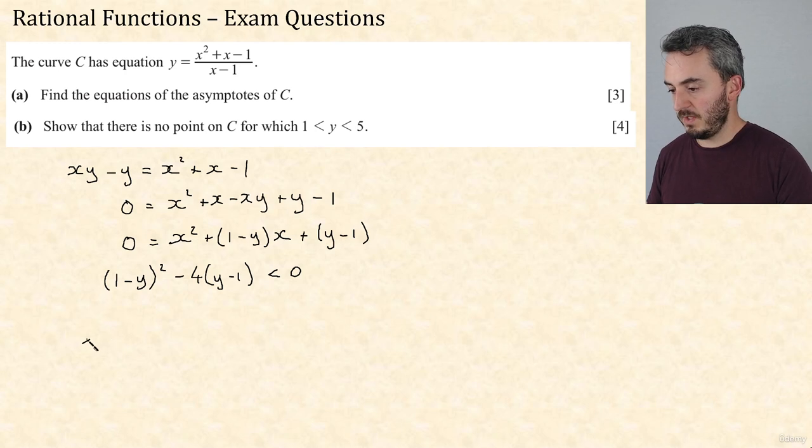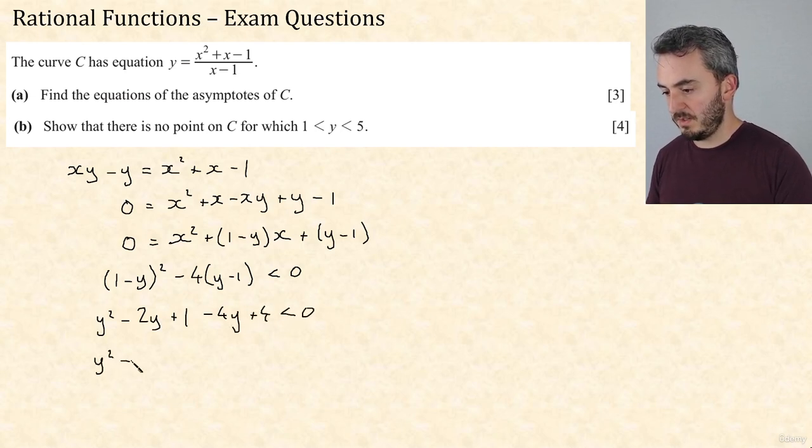Okay, expanding all of this, we get y squared minus 2y plus 1 minus 4y plus 4 should be less than 0. So y squared minus 6y plus 5 should be less than 0. This factorizes, which is useful: (y - 1)(y - 5).